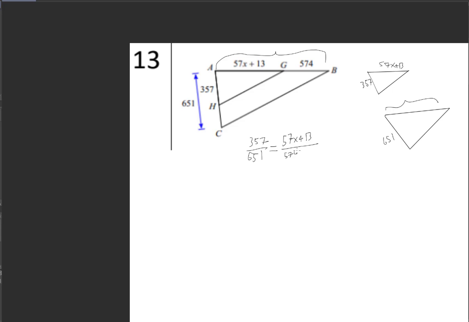This is where a lot of people got stuck.